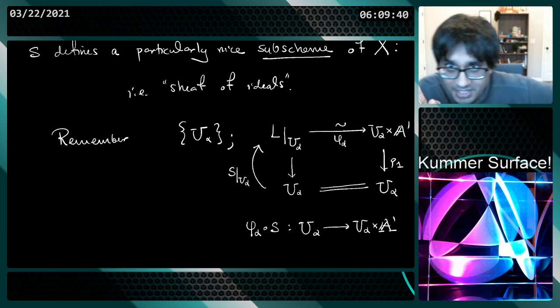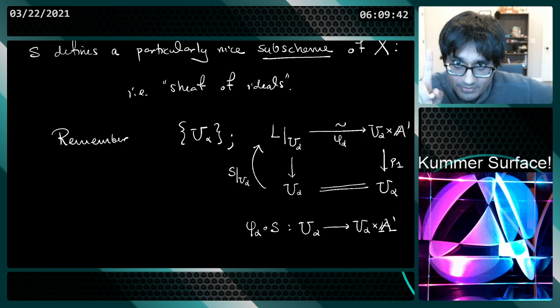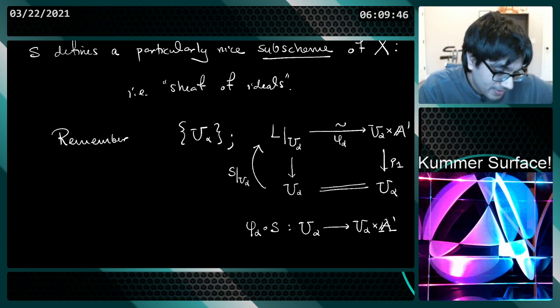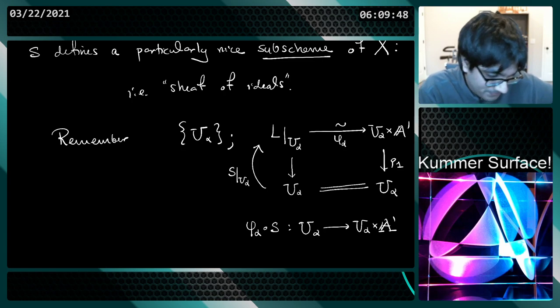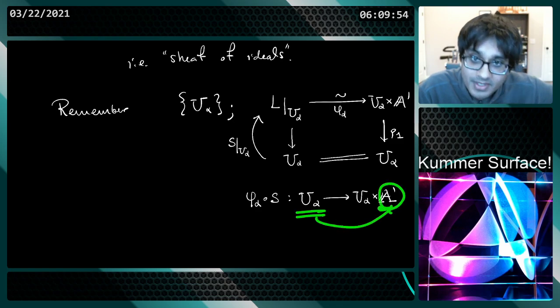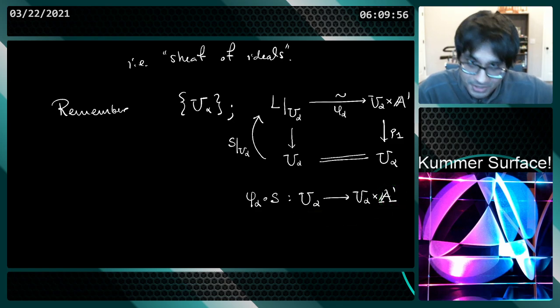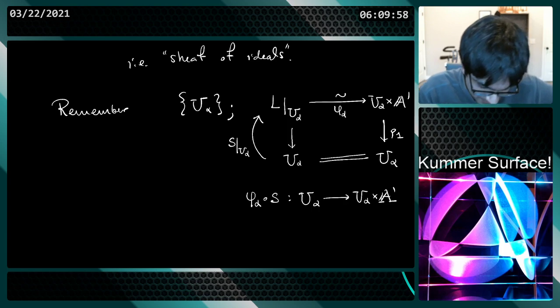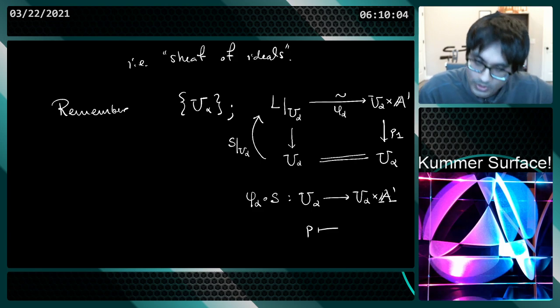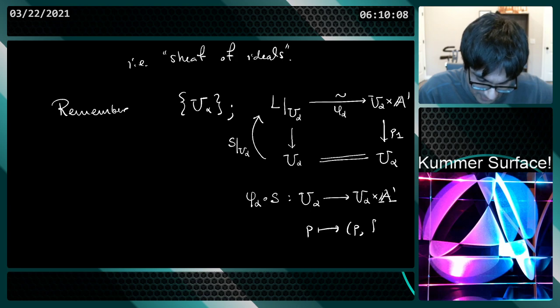And since it's a section of the first projection map, the content of this map is captured just by what the output is on the second coordinate. In other words, that's a regular function. A point goes to that same point, if I work at the level of points, comma, f of p.